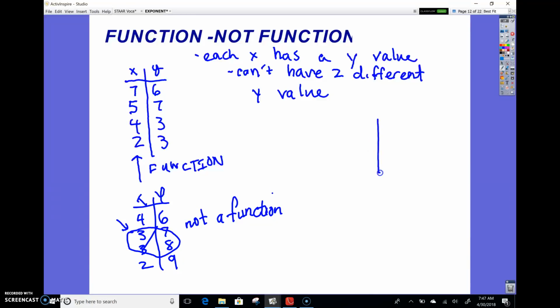Okay, on a graph, we use what's called the vertical line test. You see 1 point, 1 point, 1 point. Every time it touches the line it's at 1 point.